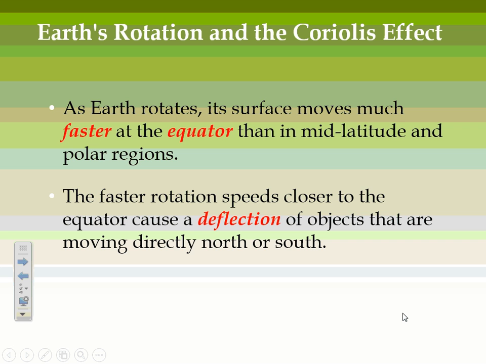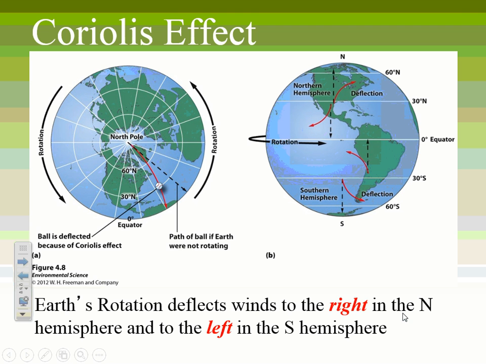That deflection of objects, like air, is known as the Coriolis effect. As you can see in this diagram here on the right, the deflection of air in the northern hemisphere occurs to the right. In the southern hemisphere, that deflection is occurring to the left. Oftentimes this is related to the reason why the water in toilets rotates in the opposite direction in the north and south hemispheres.